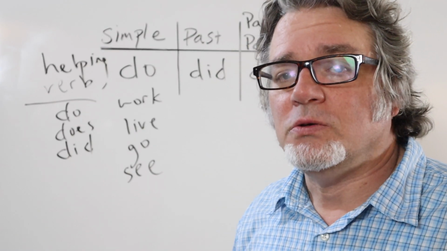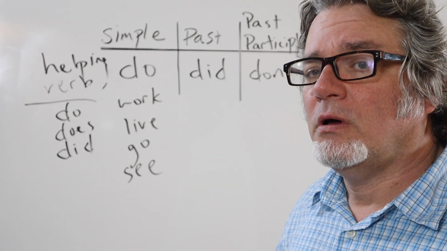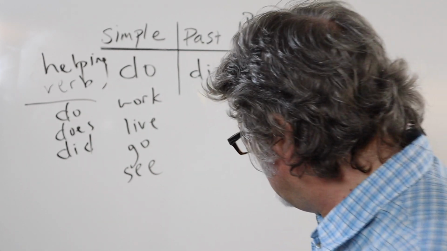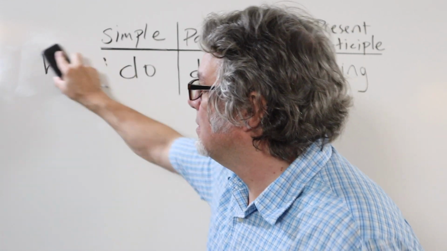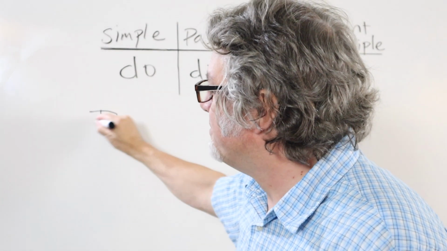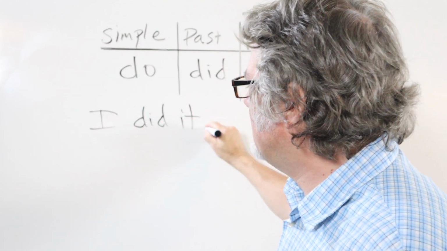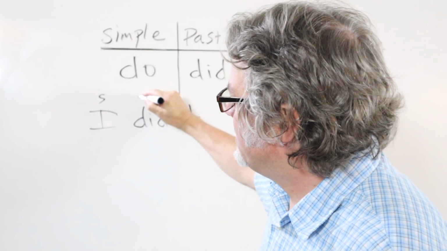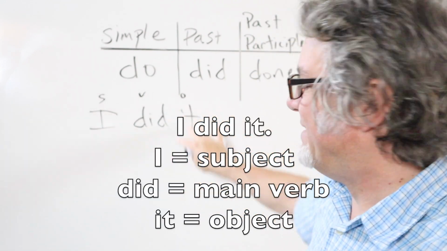But you can also use the verb do as a main verb without a helping verb. So in ordinary conversation, you'll hear someone say, I did it. Here's the subject, here's the verb, and then here is the object, whatever this is.